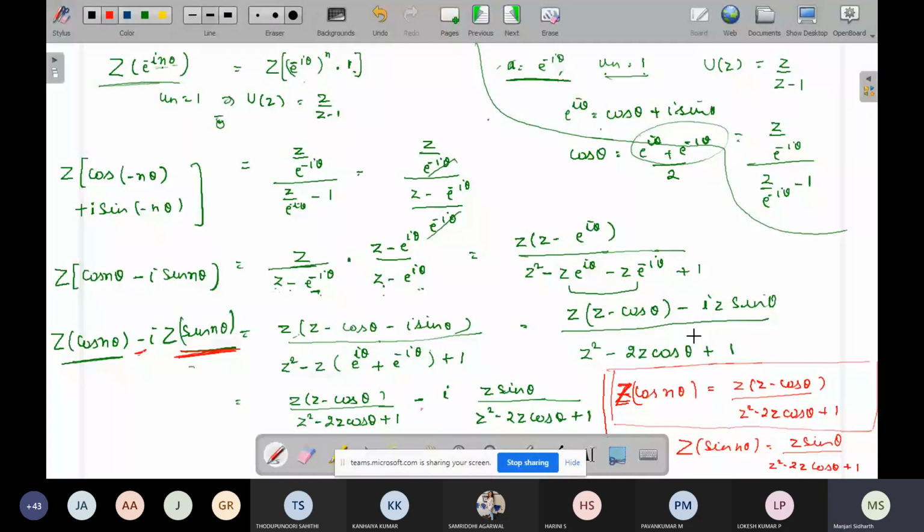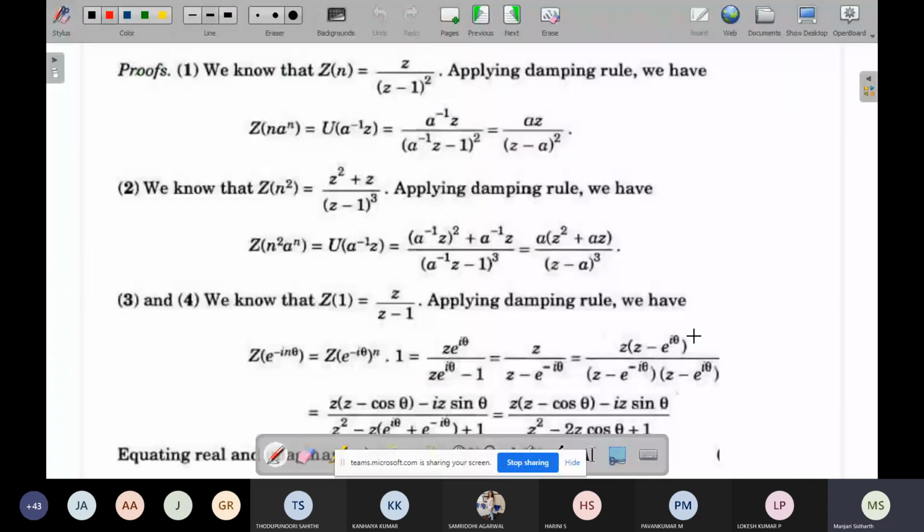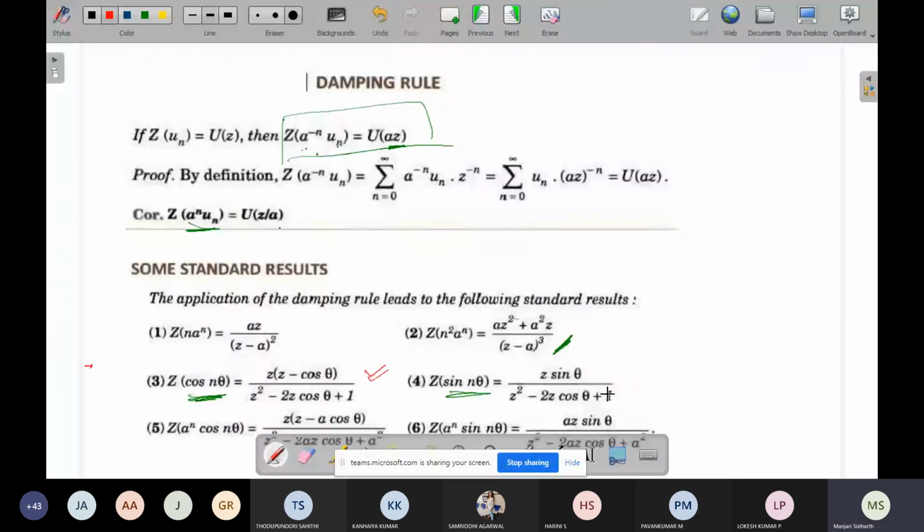See here, this one, this one. Now the damping rule again. You have a to the n times cos n theta. Remember here it is n theta, a sequence depending on n. Here the formula should not contain n.